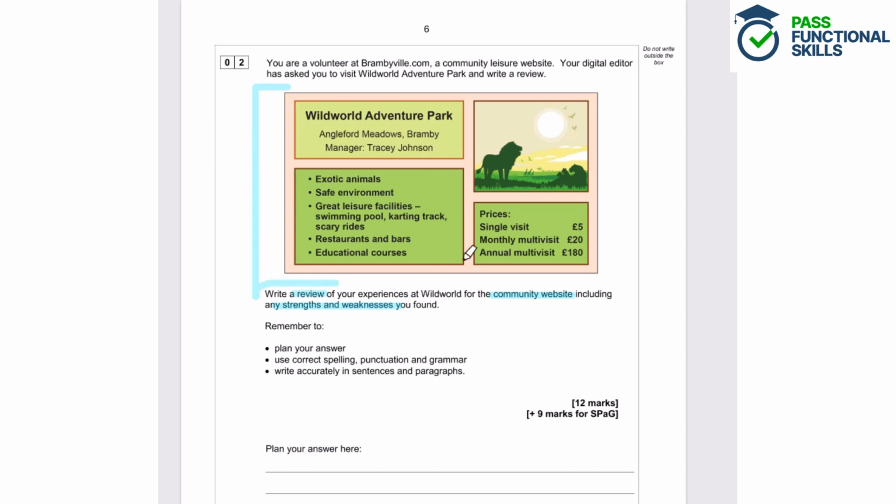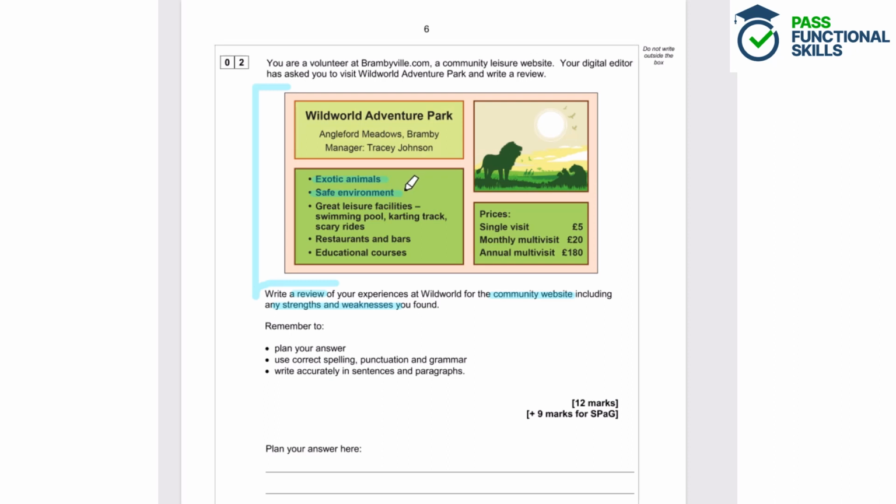So we need to use the details. Here we could use the fact that it's got exotic animals. So we could talk about the types of animals that are available to see there. It says safe environment. You could explain what features made the environment feel safe or unsafe. Were the enclosures, did they look particularly structurally sound?